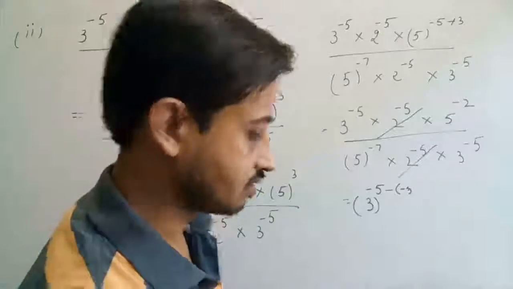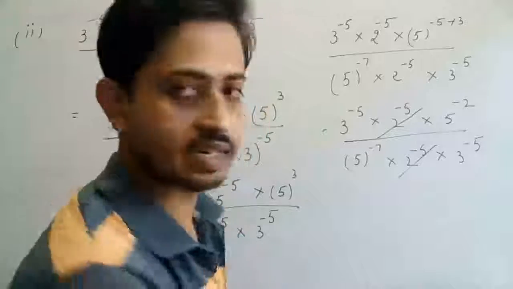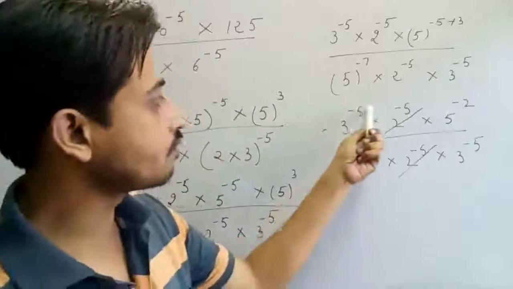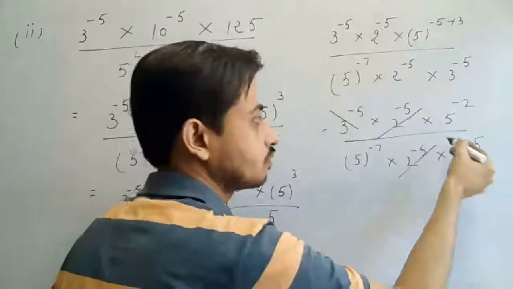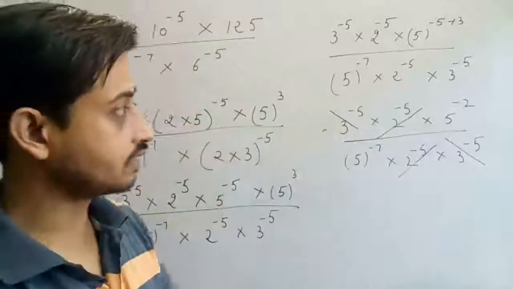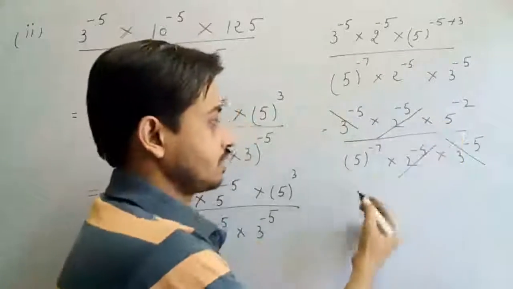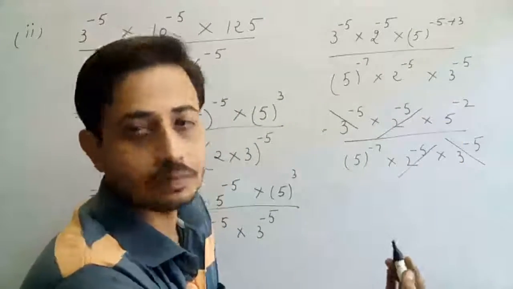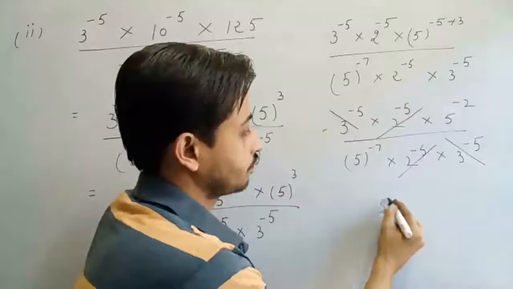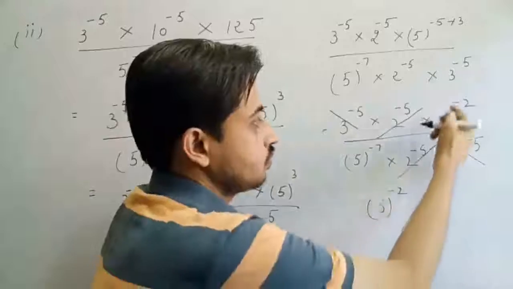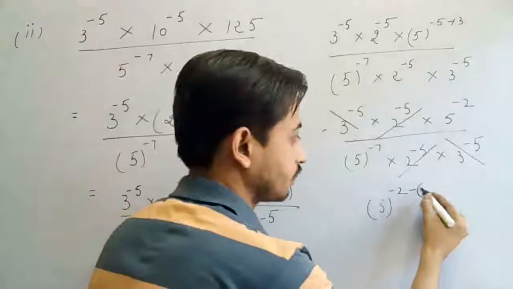Again the terms are the same, 3 raised to the power minus 5, 3 raised to the power minus 5. So these are also cancelled out. Now look at this, these are different. 5 and 5, the exponents are the same, so the power gets subtracted. 5 raised to the power minus 2 minus 7.